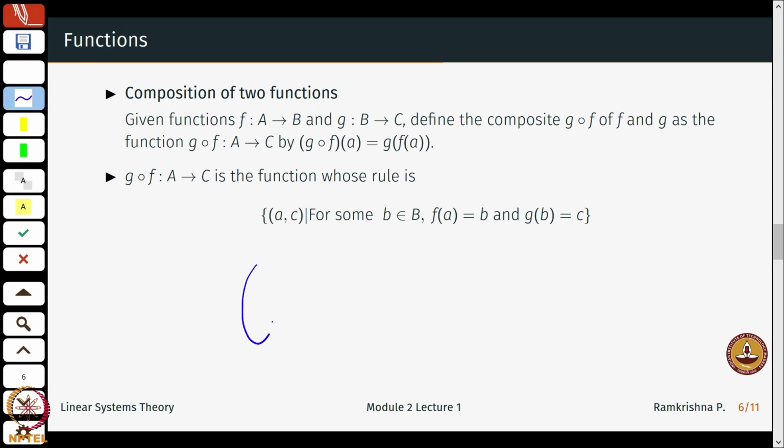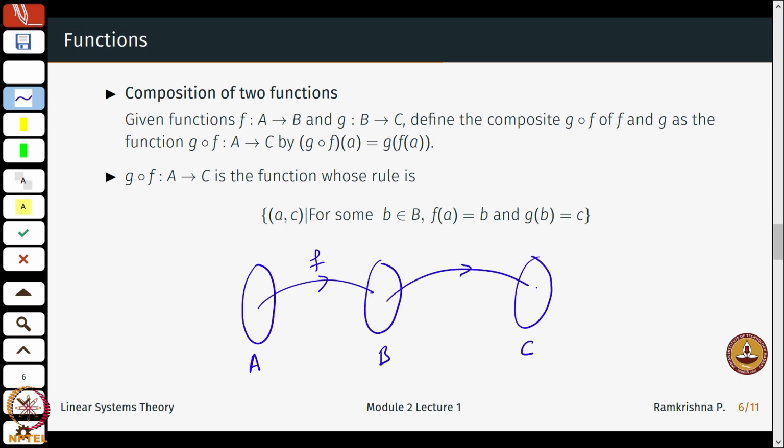Say I define a function f which associates capital A to capital B, and let me also talk of a function G which takes elements of capital B and gives me elements in capital C. Now can I use the standard definitions to define a function which directly goes from A to C?